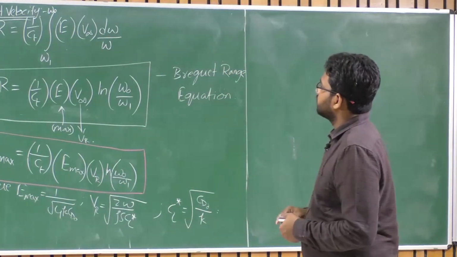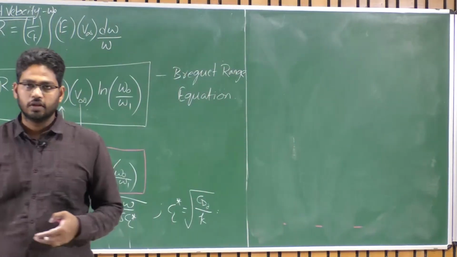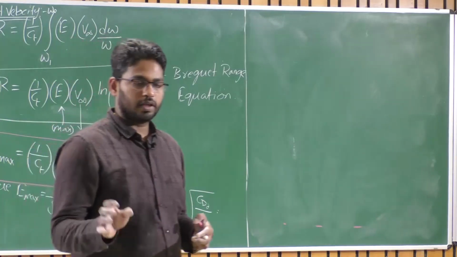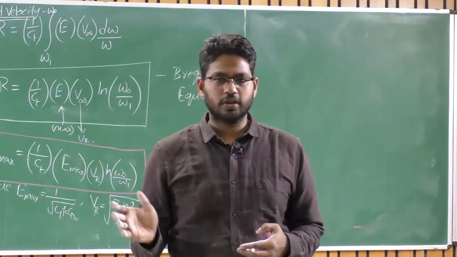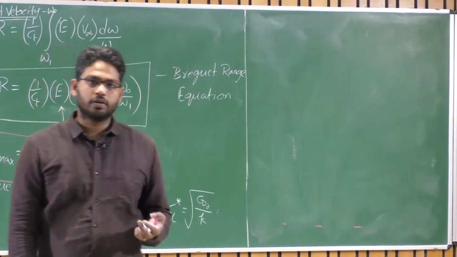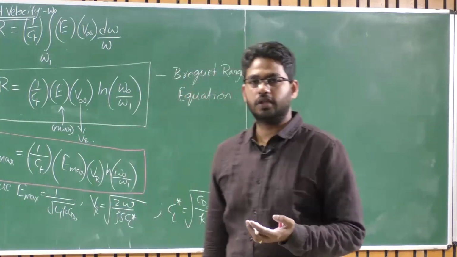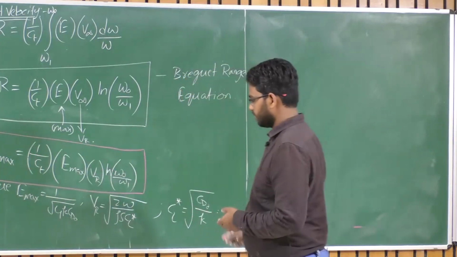When you want to fly at a constant altitude, you need to fly at an angle of attack where CL^(1/2) by CD, or root over CL upon CD, should be maximum. That happens when CL is root over K upon 3 CD naught and CD is equal to 4/3 of CD naught, and you also figured out the corresponding flight velocity.